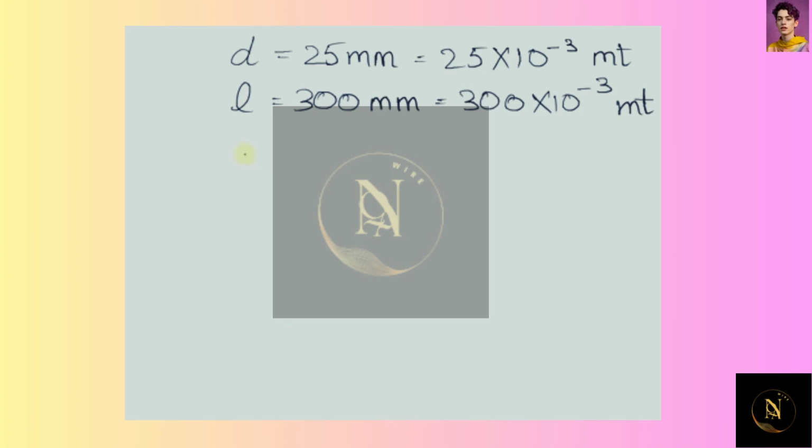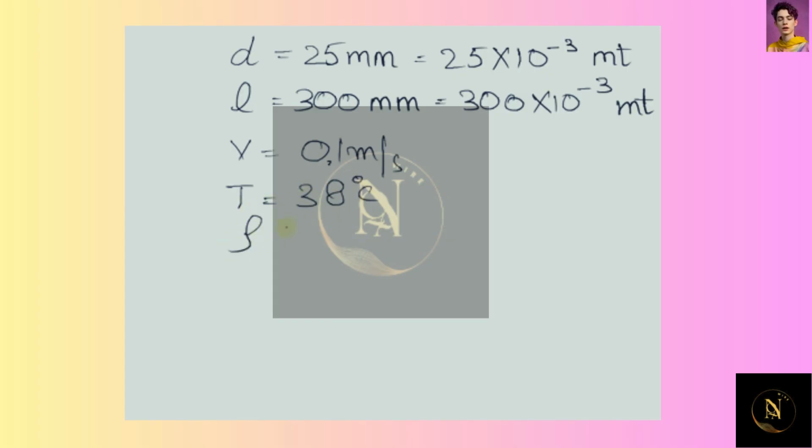Also, due to gravity, we have velocity inside the cylinder equal to 0.1 meter per second, and temperature T is given as 38 degrees Celsius.